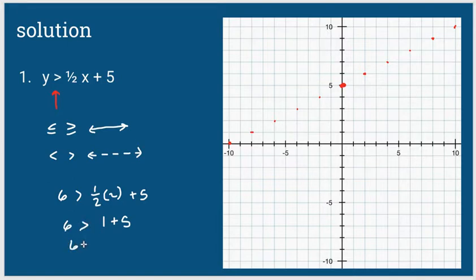And again, I'm going to get 6, but 6 is not greater than 6. 6 is equal to 6. So again, this isn't really a solution. It doesn't make a true statement for this inequality. So what that tells me is that I need to connect these points together with a dashed line.